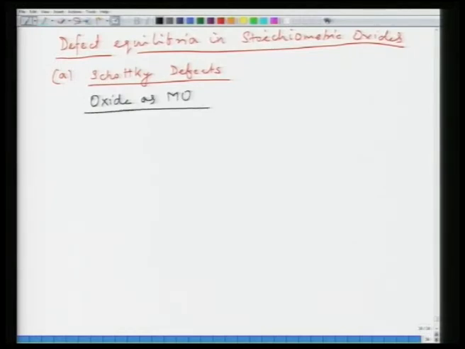So, what is the defect reaction in this oxide MO? I can write 0 or null to be equal to VO plus VM double dash. Now, VO is a doubly charged oxygen vacancy and VM is a doubly charged cation vacancy. So, what is the equilibrium constant for this reaction? Now, treat this as a chemical reaction.